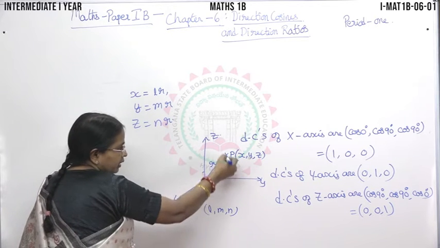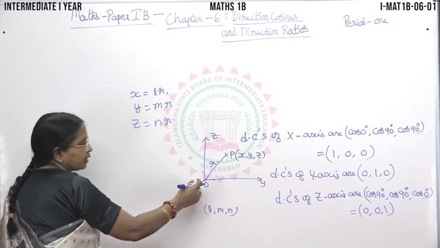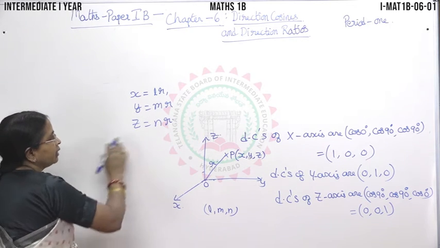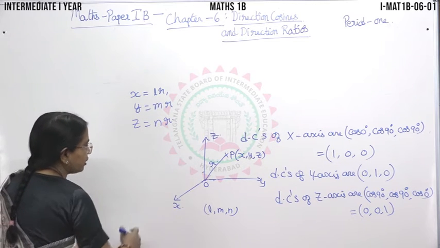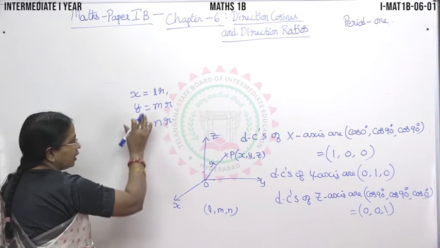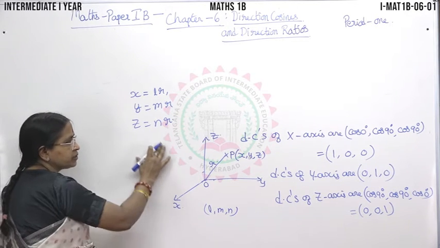When you take the right angle triangle to XY plane and all, and derive, you will get it like this. All the derivation is not necessary, just learn the point. Now I'll write the statement. First you understand.